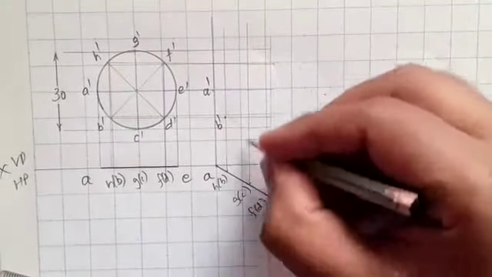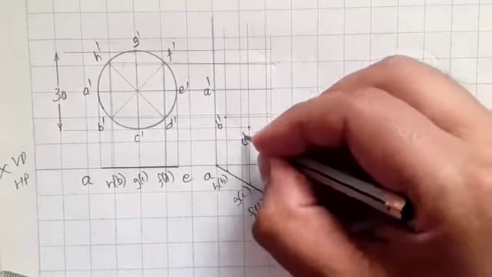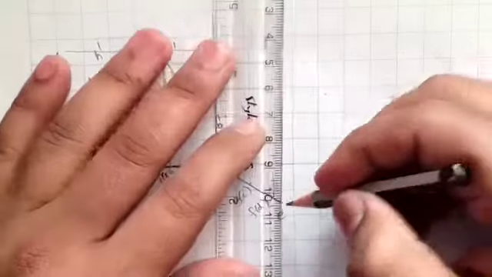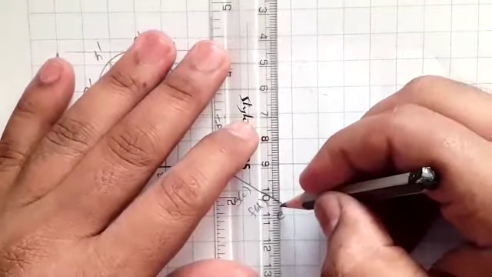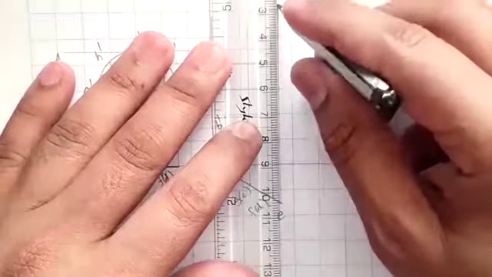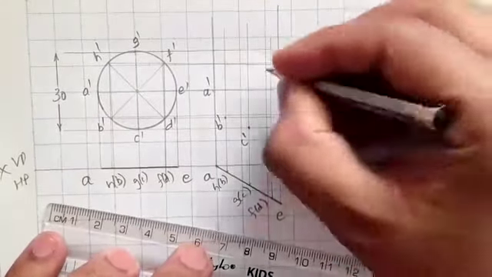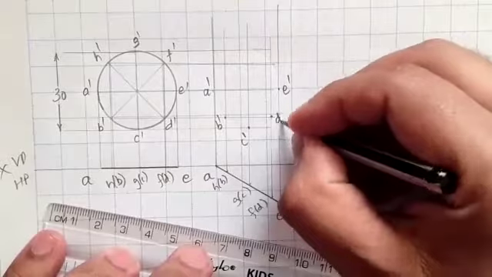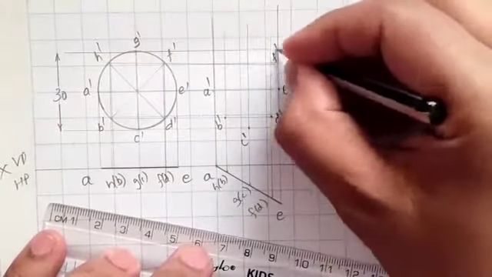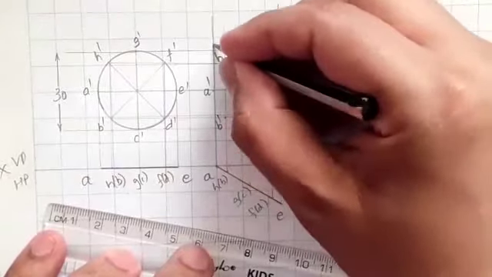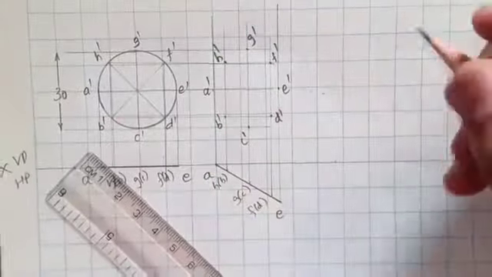Next, C and C dash is meeting here, C dash. This is E, this is D dash, F dash, G dash, and H dash. Like this, identify the points.